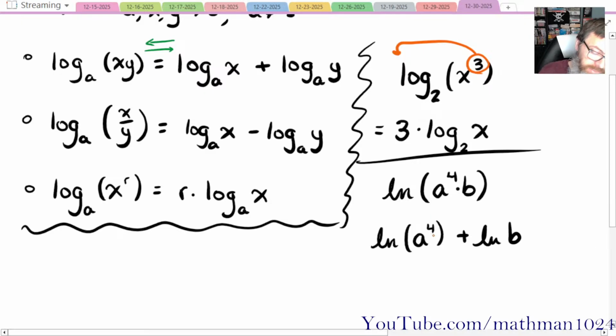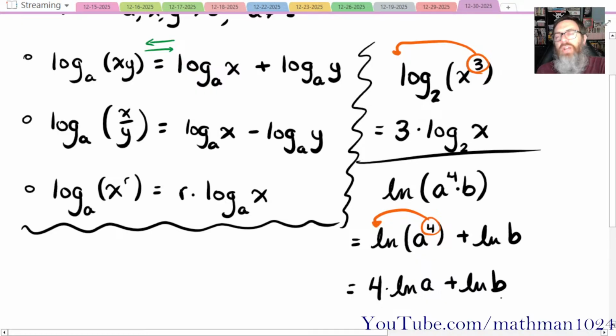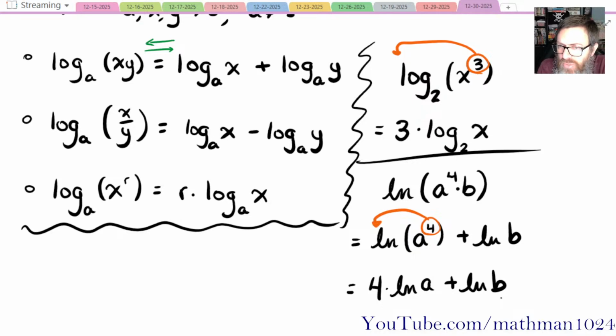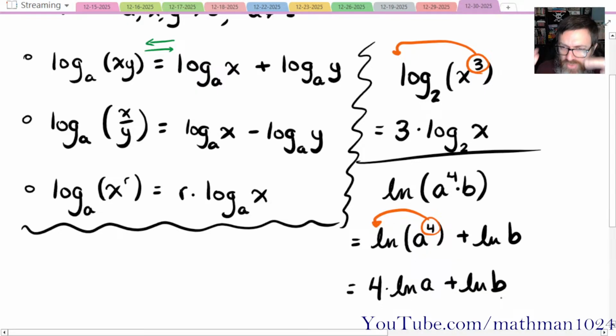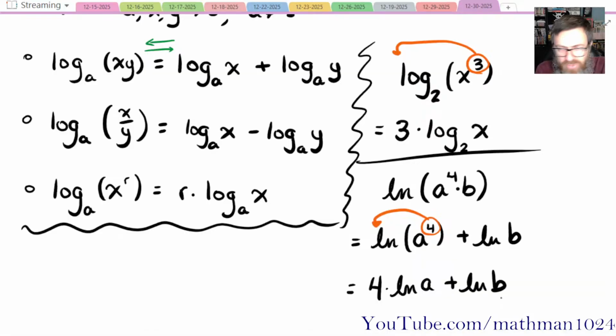Once I have it split up like that, then yes, I can bring the 4 out in front of this particular natural log. So it becomes 4 times the natural log of a plus the natural log of b. Because that power of 4 is only connected to that factor of a, not b. So it makes sense that whenever I split it up with these two different logarithms, the 4 is connected to the natural log of a, not the natural log of b.